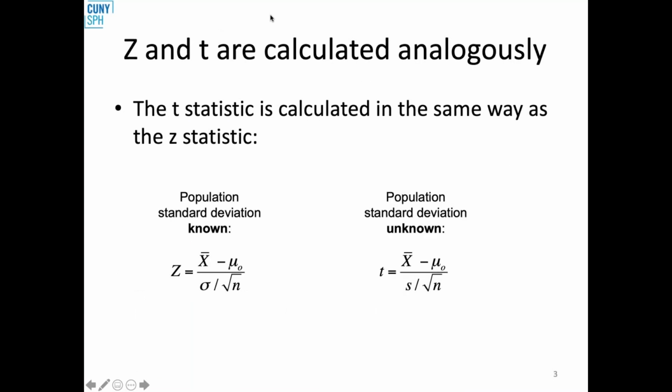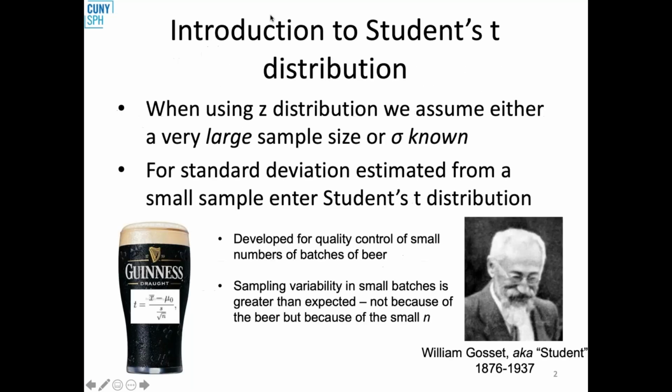So now where did all this come from? What is the origin of all this stuff? A fellow by the name of William Gosset worked for a brewery, worked for Guinness, in fact. And Guinness is famous for being very precise in its formulas, having calculated very carefully how to produce its various ales.